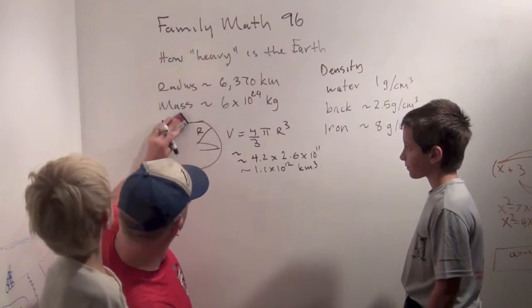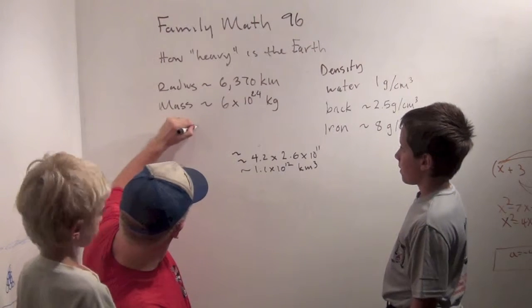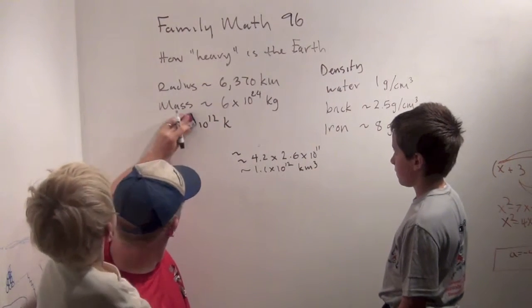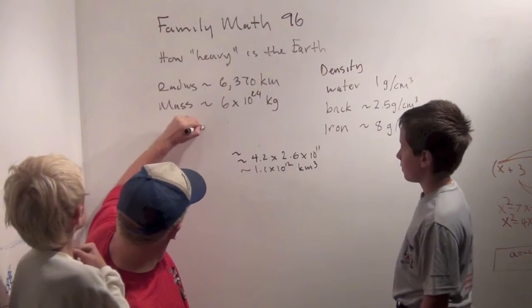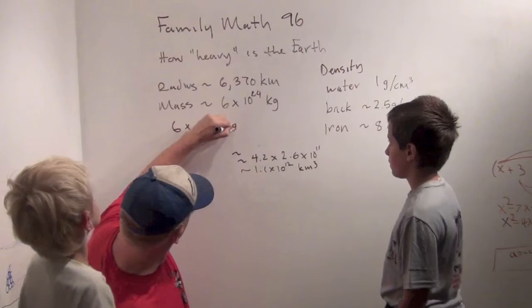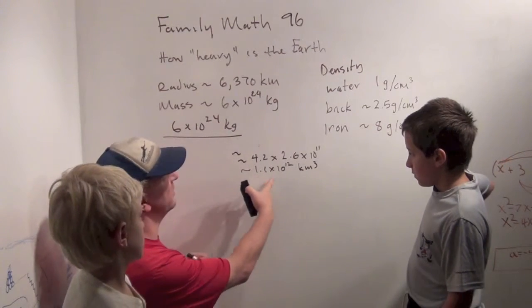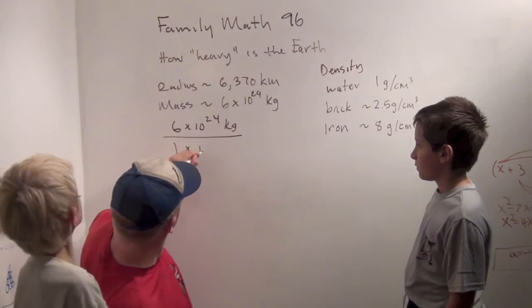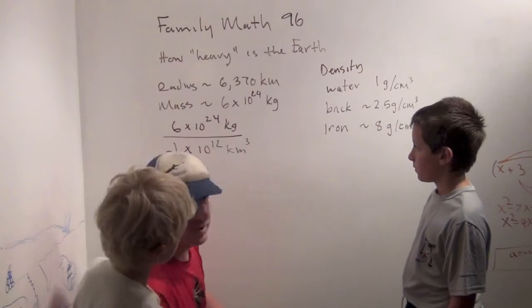Yeah, very good. So we have these two numbers: 6 times 10 to the 24th kilograms divided by 1.1 times 10 to the 12th. Let me just do 1 times 10 to the 12th, just to make it easier, kilometers cubed.